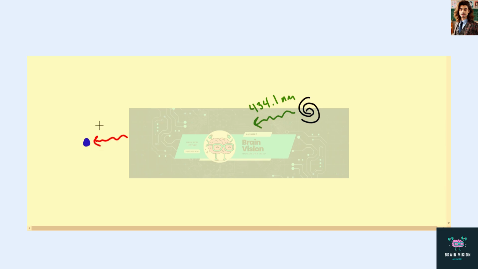Now it's 438.6 nanometers. Let's call this our initial wavelength, lambda initial, and over here is lambda final. What we see is that lambda final is greater than lambda initial. What's happening is that the wavelength got bigger.